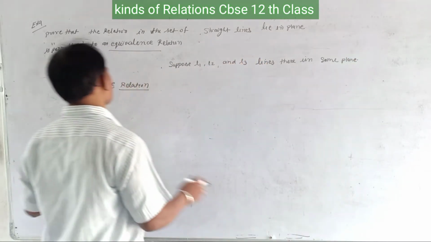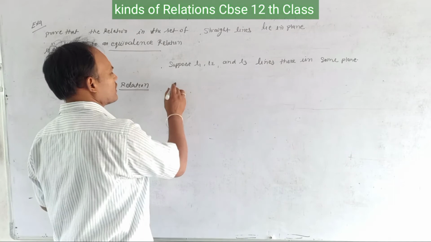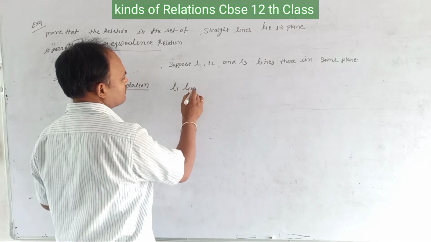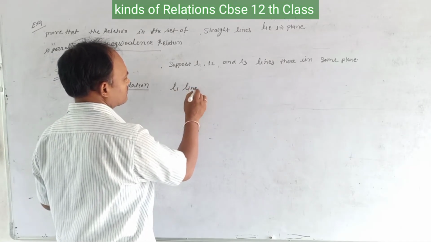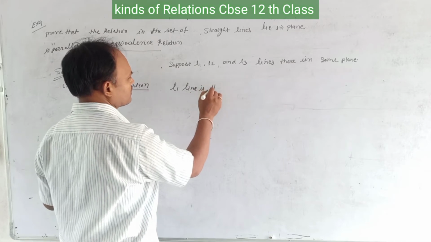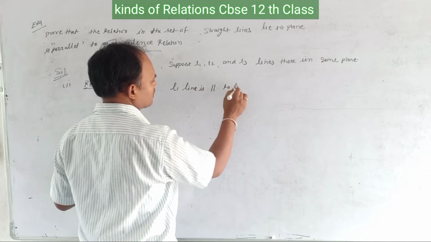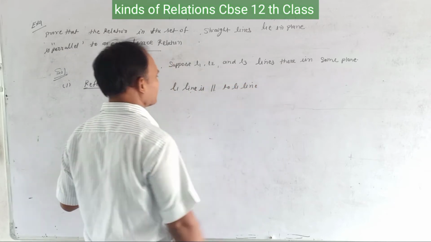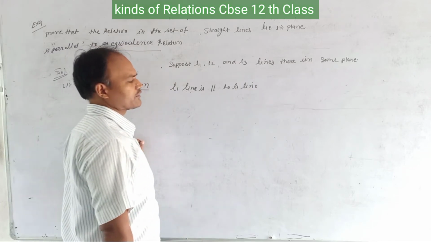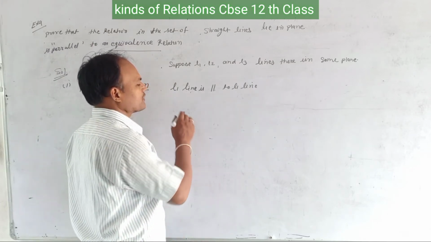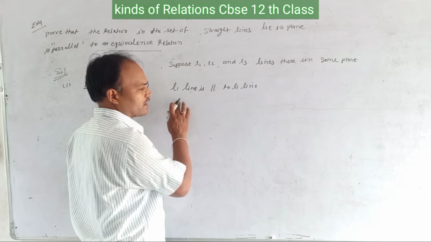Reflexive relation: L1 line is parallel to L1 line, because every line is parallel to itself.